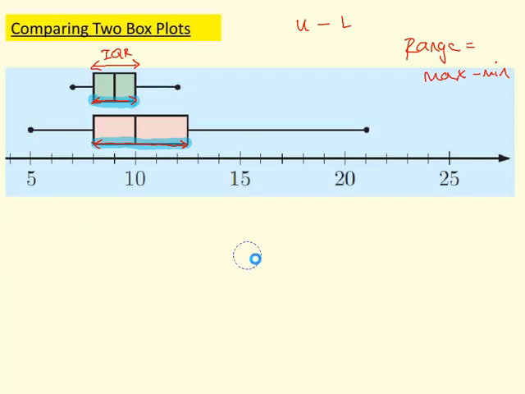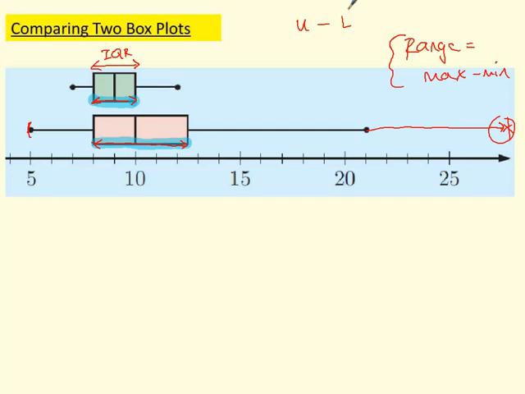Well, let's say, for example, someone did really, really well on their test and they were way, way over here, like way over there. So the whisker went all the way up to there. Well, the range would be massive then, wouldn't it? It would be the distance between the maximum and the minimum. It might just be one person that got a really good score on the test, and they might be way over there in the distance, but the range would be massively affected by it.